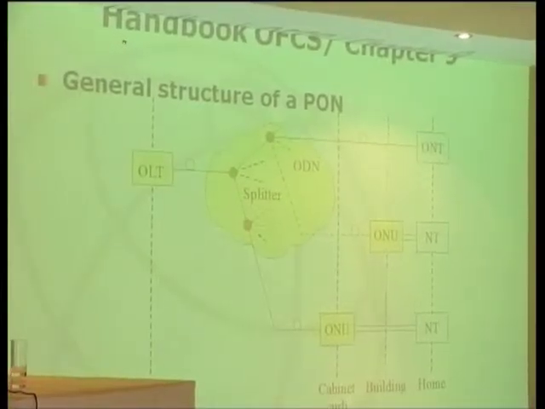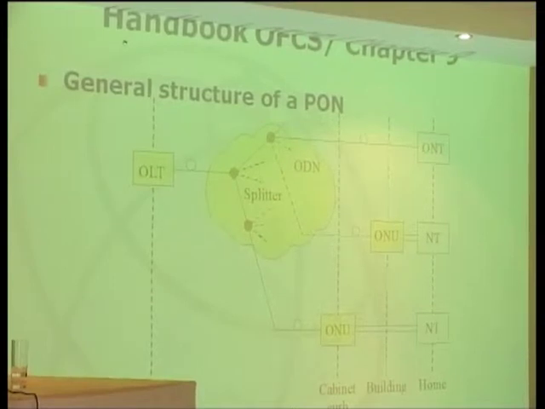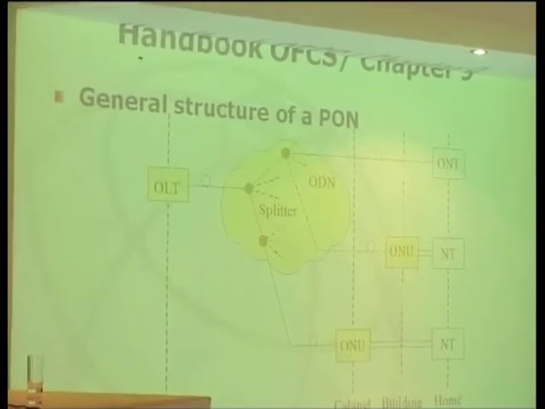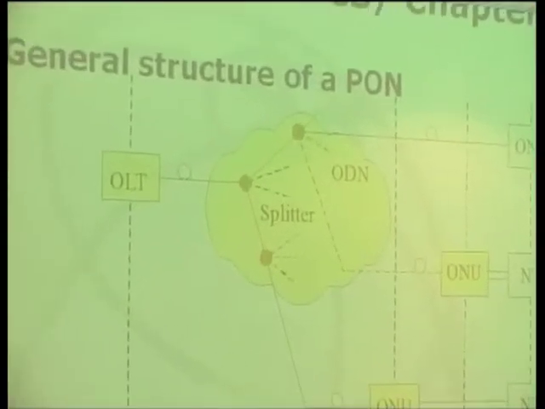General structure of a passive optical network according to the relevant recommendation. So this is the original picture from ITU-T. Of course, it has exactly the same meaning of the previous slide you saw.